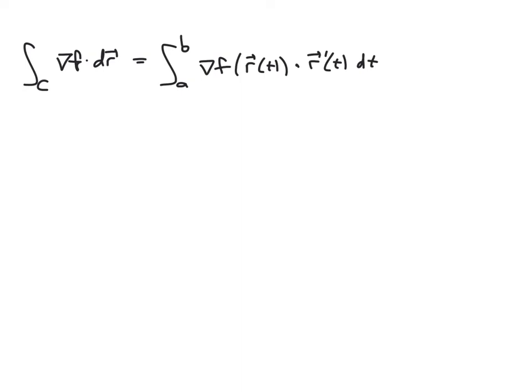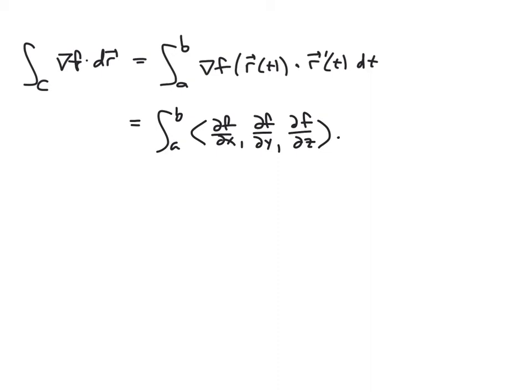This is just our definition of the line integral of the vector field. We can write out what each of these vectors are. So the gradient of f we know is del f del x, del f del y, del f del z. I'll do it in 3 dimensions, although if it were only in 2 dimensions, you would just ignore this third component.